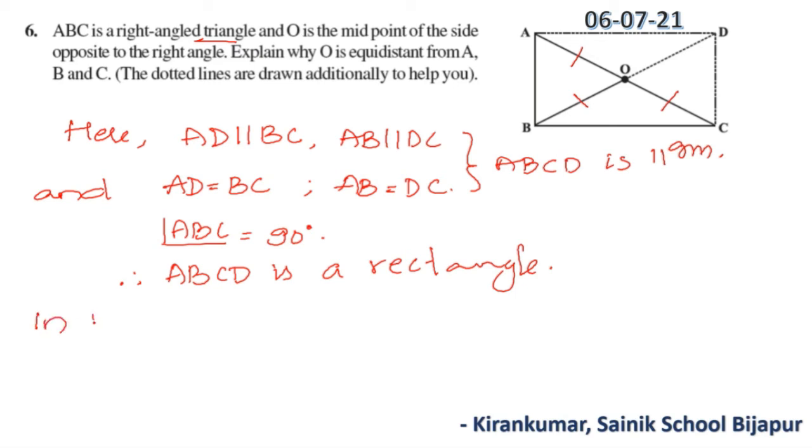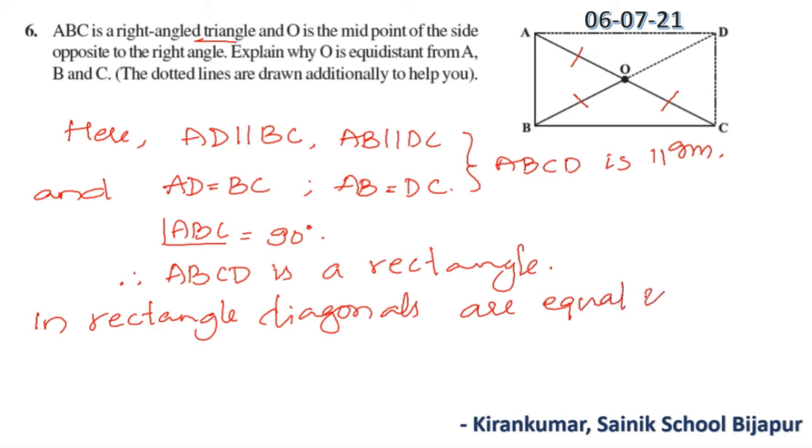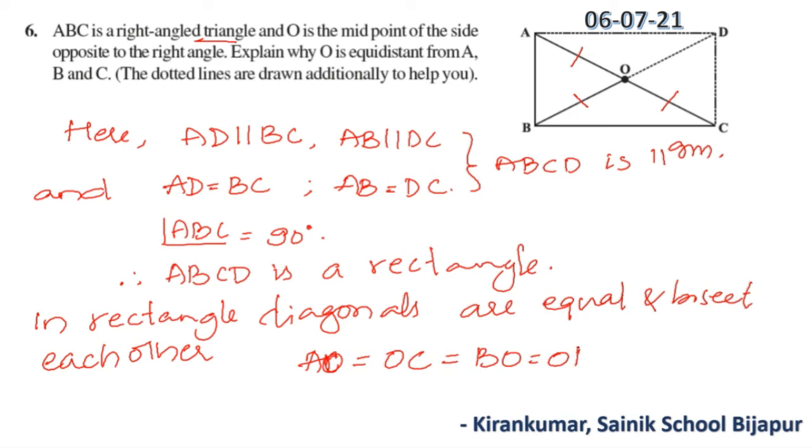In a rectangle, diagonals are equal and bisect each other. So we have the length AO equal to the length OC, which is equal to the length BO, which is equal to the length OD.